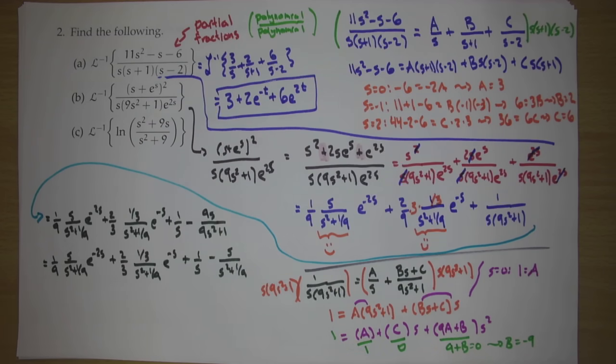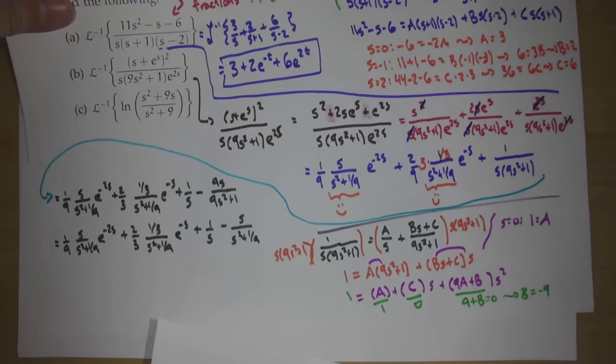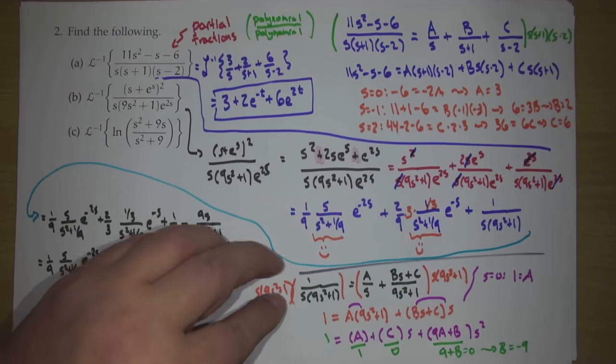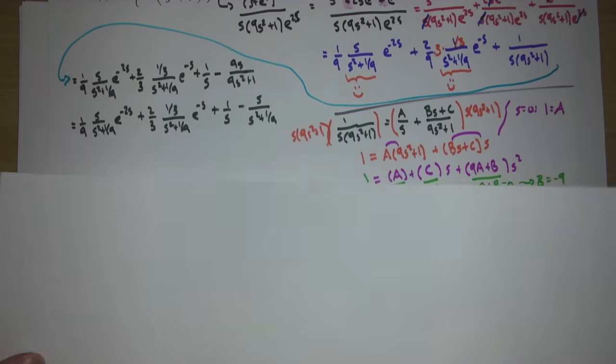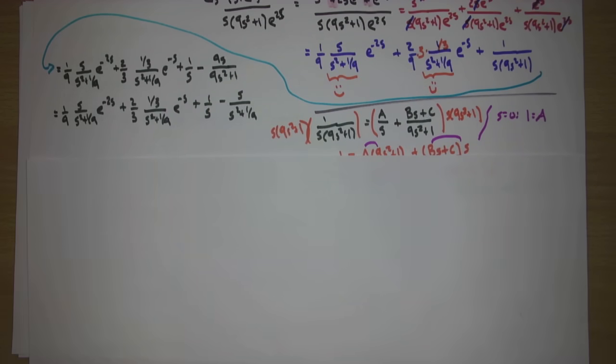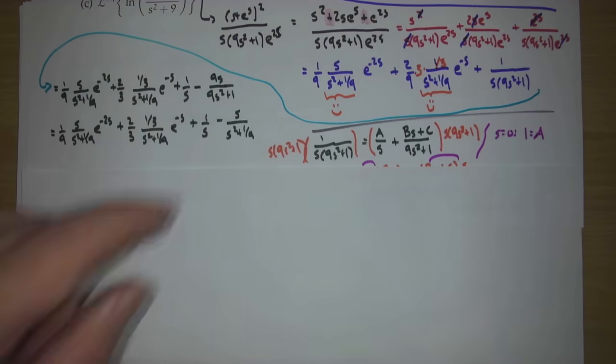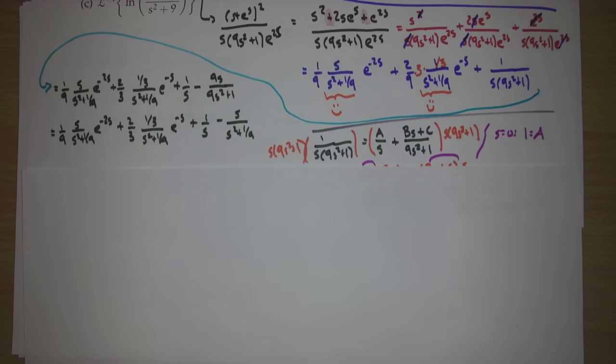I think maybe instead of trying to squeeze this in, let's go ahead and add a new page. Okay, so here we go. Our goal, remember, in this problem is to find the inverse Laplace.